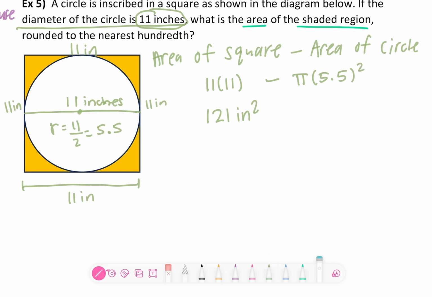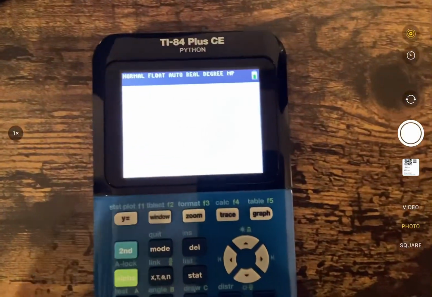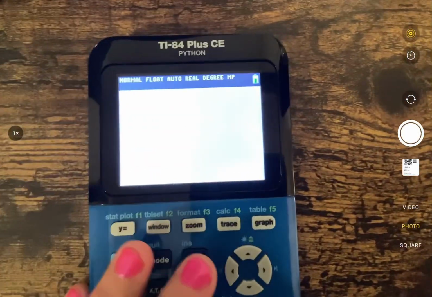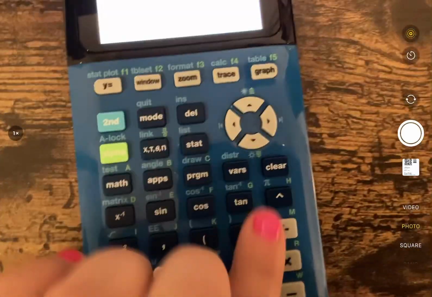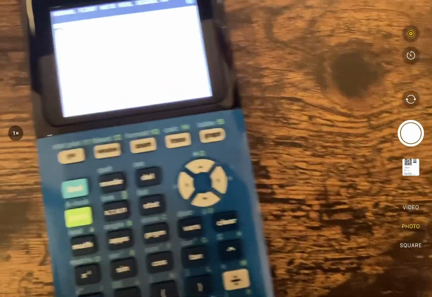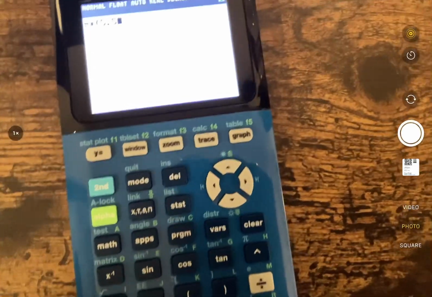Now, notice that the answer doesn't say in terms of pi, it says rounded. So we can multiply by pi here. So it's going to be 121 inches squared minus, and I'm just going to multiply that all in the calculator. So actually, let me go ahead and show you how I'm going to do this. It's pi times 5.5 squared. So I'm going to do second and then get my pi button, right, times, and then parentheses 5.5 squared.